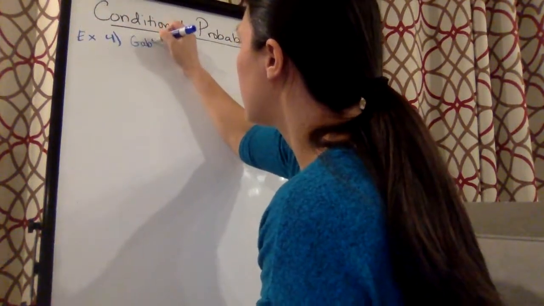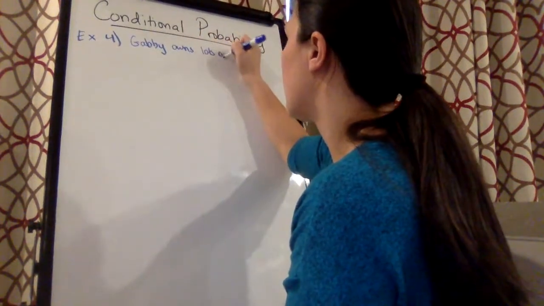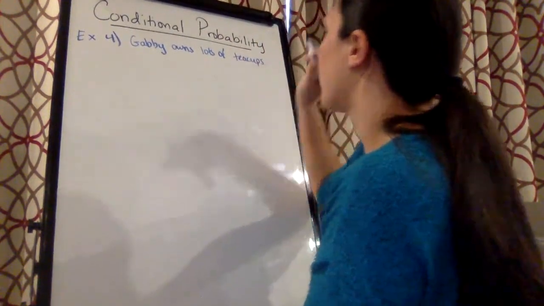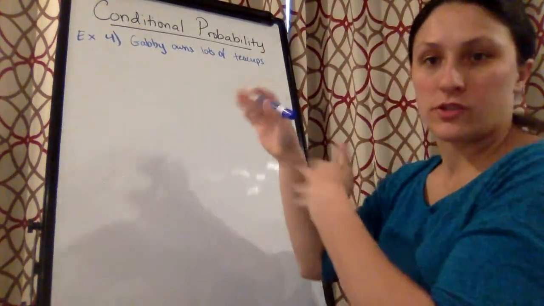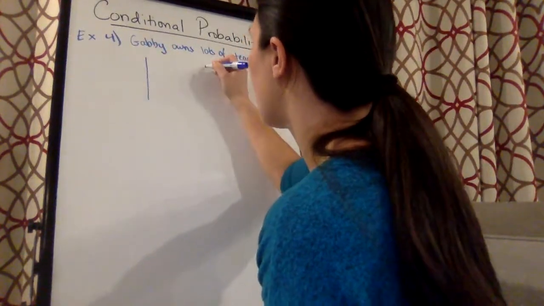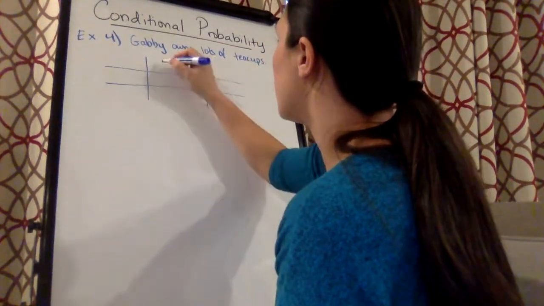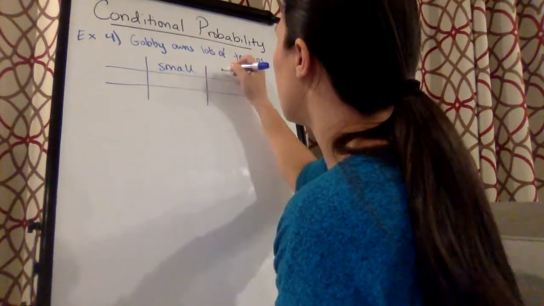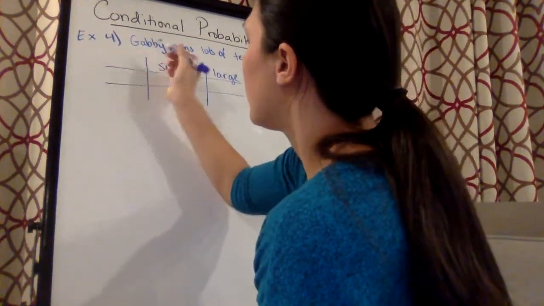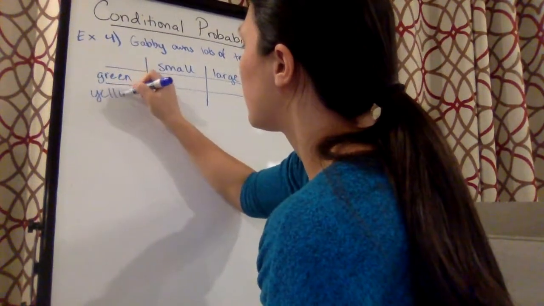Gabby owns lots of teacups. Okay, and we're going to put a little chart for how many teacups she owns and what sizes she has, etc. All right, so she owns some small teacups and some large teacups. And she's got green teacups and yellow teacups.